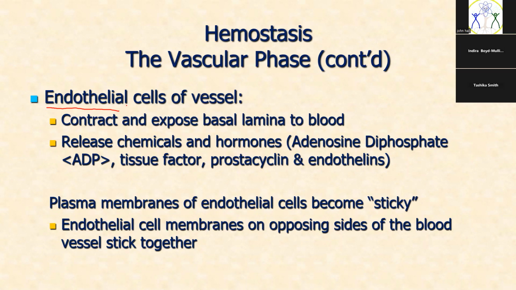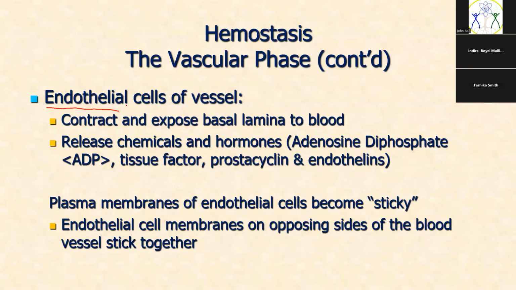Endothelium lines spaces within the body. The only difference between endothelium and epithelium is that epithelium lines spaces exposed directly to the outside, and endothelium lines spaces exposed to the inside. That's really the only difference, right? So as I'm sure you all know, you have simple squamous endothelium inside your blood vessels, right?